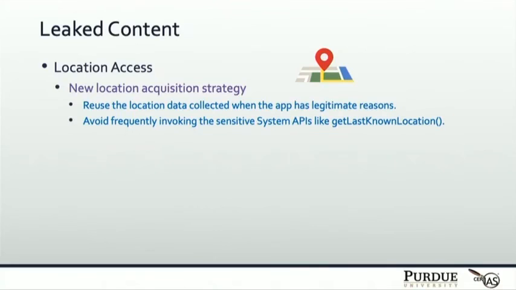And later, if the app or third-party library needs this location data, it will just send the previously saved information to the server to avoid frequently invoking those sensitive system APIs, and hence can avoid the user's awareness.